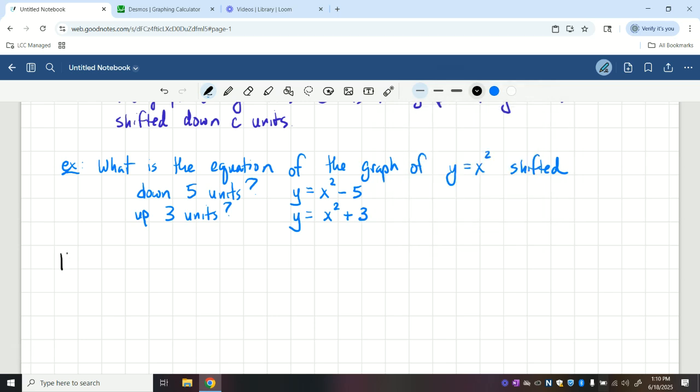So horizontal shifts, you're actually replacing x with like x minus or x plus something. Okay, so we're going to assume c is greater than 0 in this case as well.